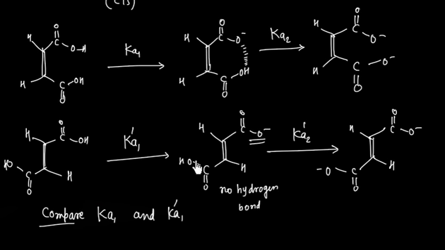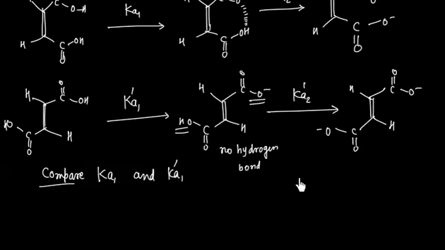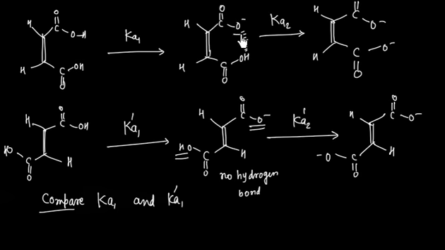Because this oxygen and this hydrogen are far away, so they cannot come closer, so they cannot form a hydrogen bond. But in this case oxygen and hydrogen can come closer. So this means this reaction will go in the forward direction. This means this is more acidic than this one.